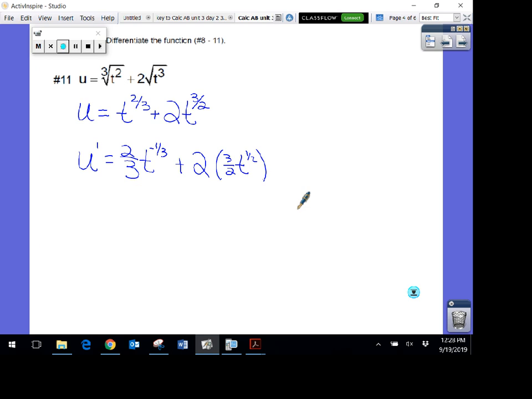And now clean that up. I'm going to get rid of negative exponents because a lot of times it says no negative exponents. So this would be 2/3 t to the 1/3, or the cube root of t. I'll write it that way in a second. Plus 2 times 3/2 is 3t to the 1/2.